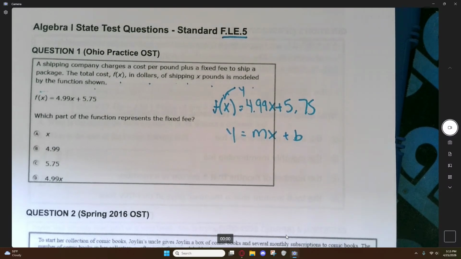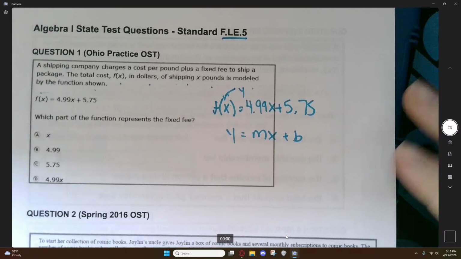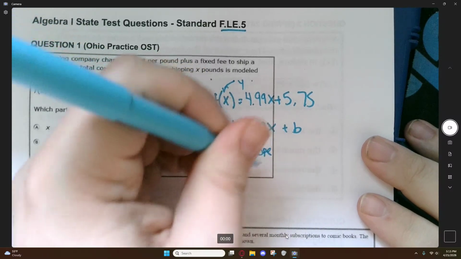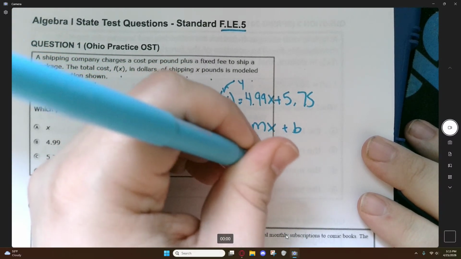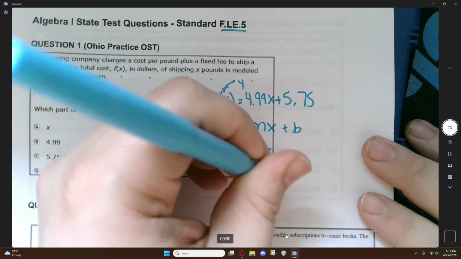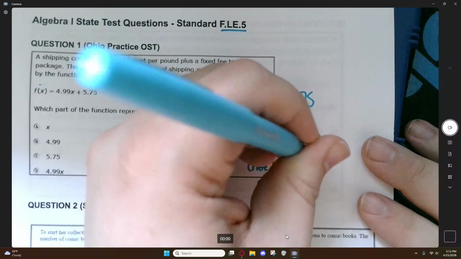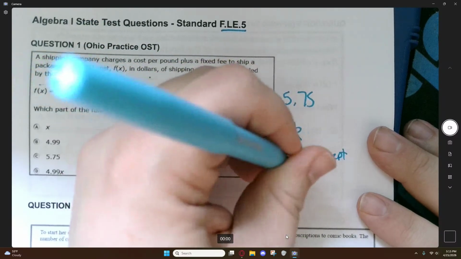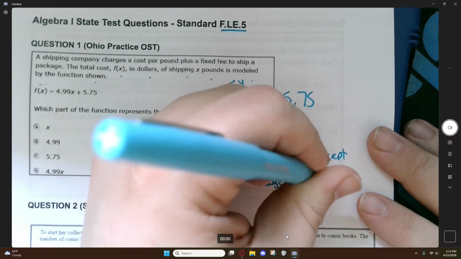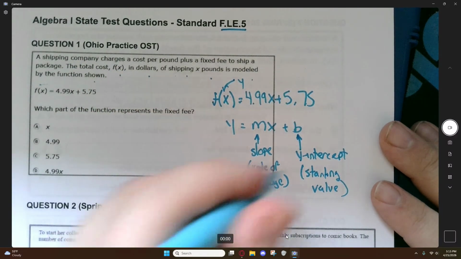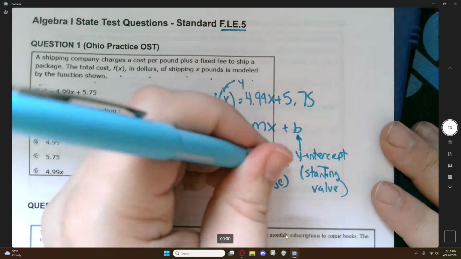So, remember, in y equals mx plus b, your m will always represent your slope, otherwise known as your rate of change. And b represents your y-intercept, otherwise known as your starting value. Okay? Starting value.